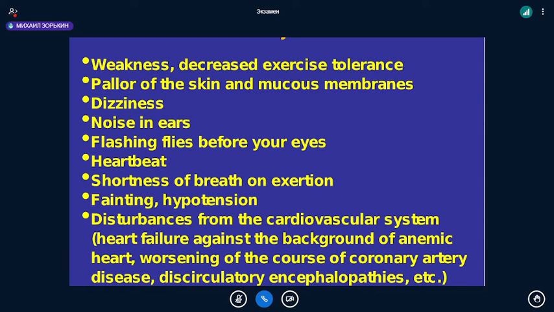If the patient has any concomitant disease of the cardiovascular system, there can be decompensation of heart failure, worsening of coronary artery disease, dyscirculatory encephalopathies, and so on. So sometimes, as I said before, anemia is manifested with the signs of concomitant diseases.